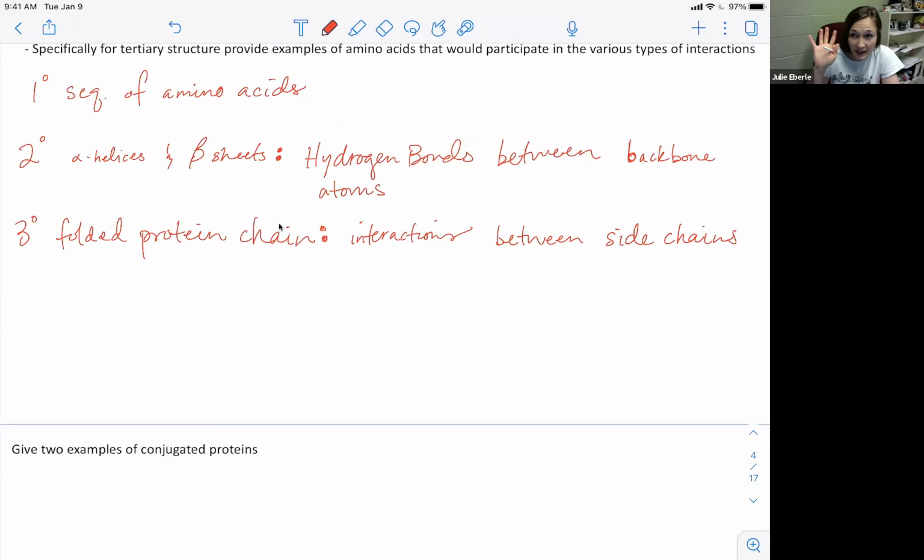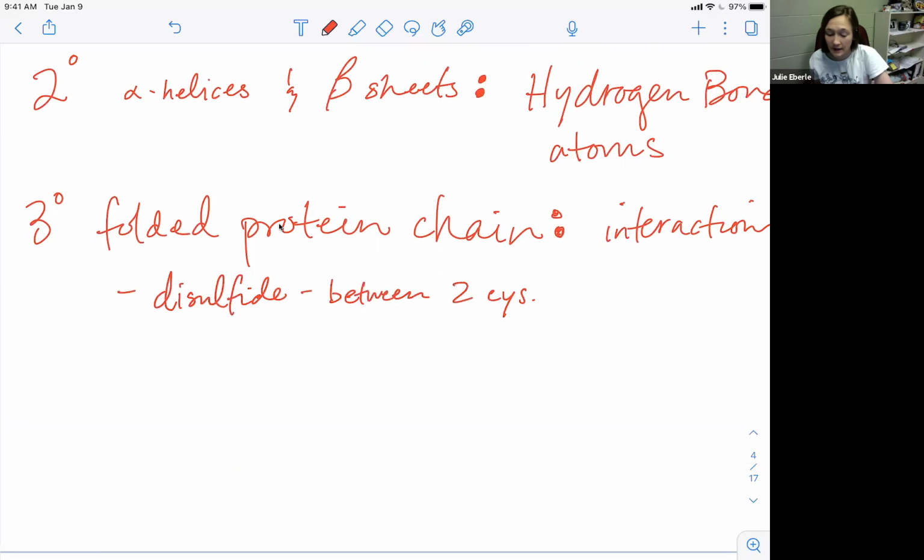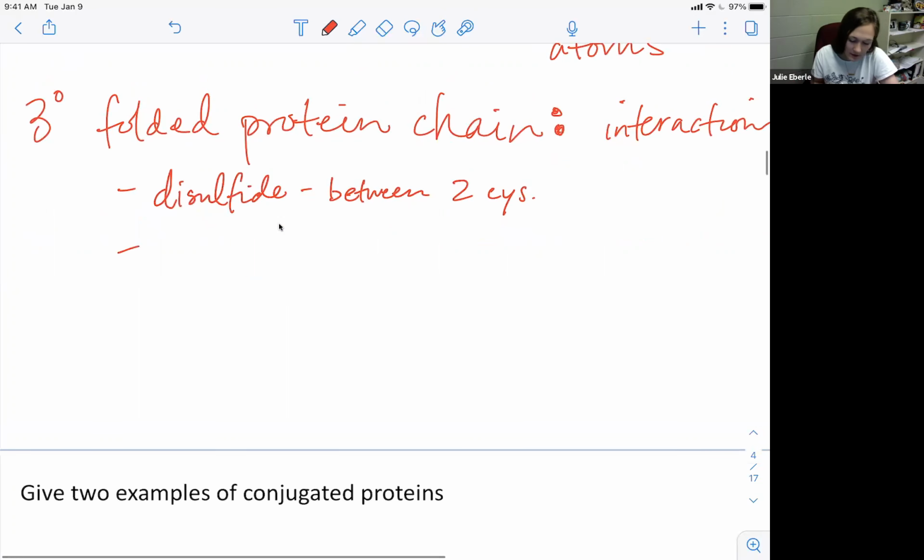So now there's 4 kinds that can happen between side chains. Robin said one of them, disulfide. And she said that these occur between 2 cysteine amino acids, and she's correct. That's one example of an interaction that holds proteins together at their tertiary level. So what's another? There's 4 examples.